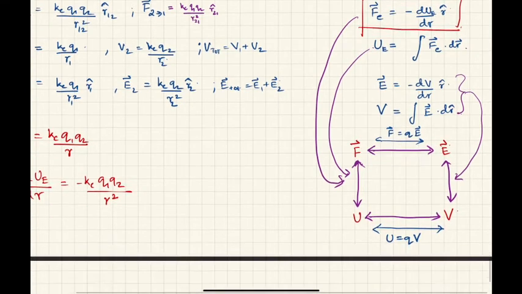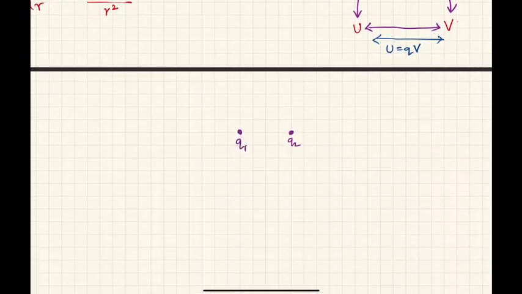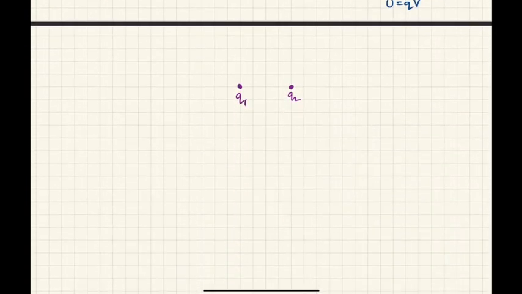Okay, so for that let's look at this system again, Q1 Q2. Let me consider a point over here, Q3. Sorry, I'm not considering a charge, I'm just considering a point over here, and let me use the example of potential.